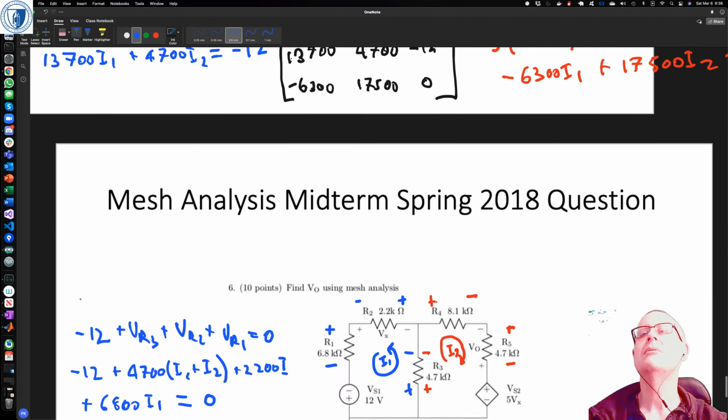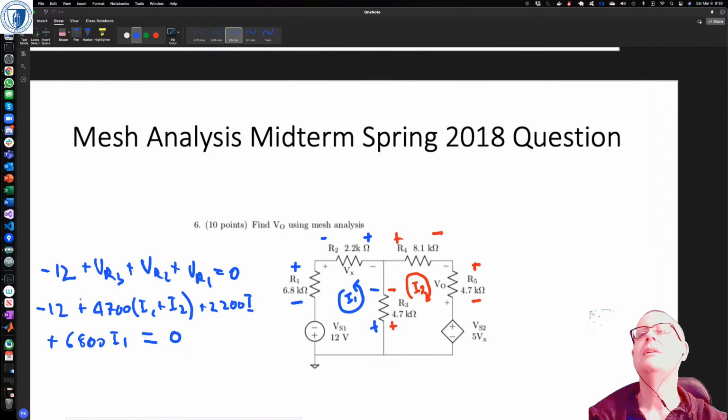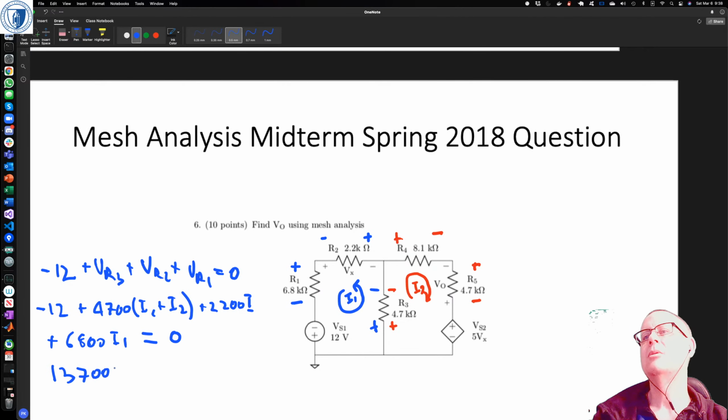Oh no, I probably got it right. 6900 plus 6800 is 13,700 I1. Okay, and then plus 4700 I2, and this time equals 12.